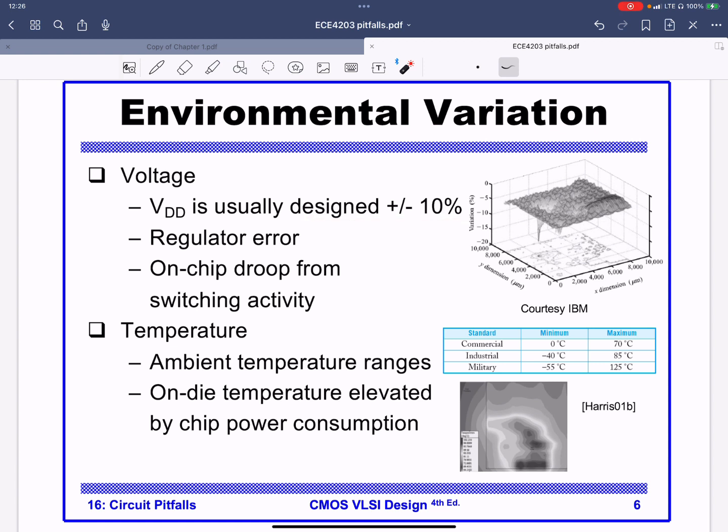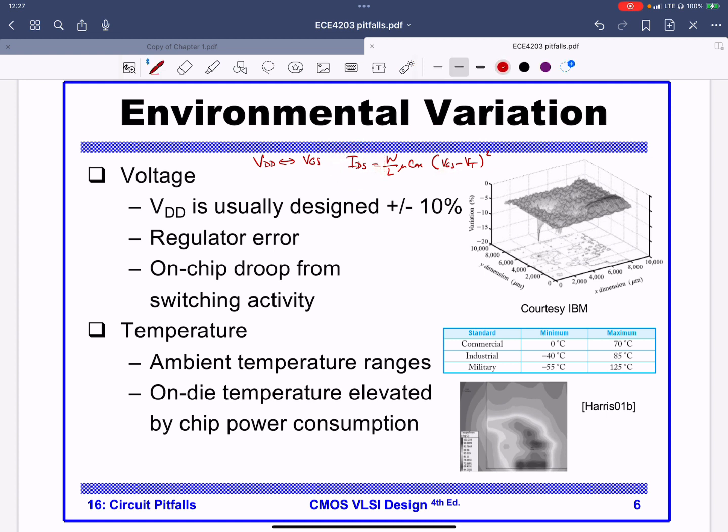But for sure, when you're having a change of plus and minus 10% in your supply, remember that VDD corresponds to gate-source voltage. If I draw, for example, the saturation current of an NMOS transistor, I say (VGS - VT)^2, the current, as you can tell, is very dependent on its VGS, or VDD.